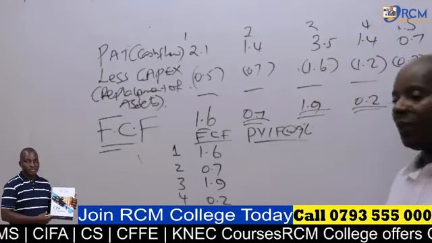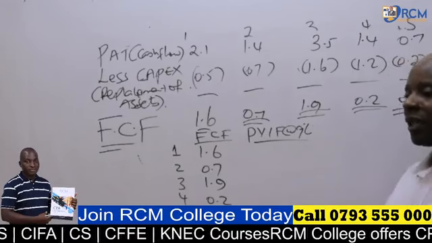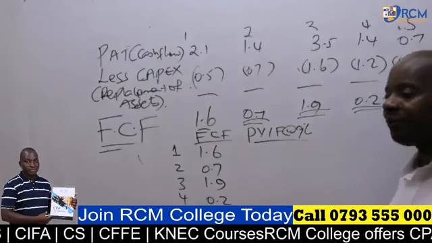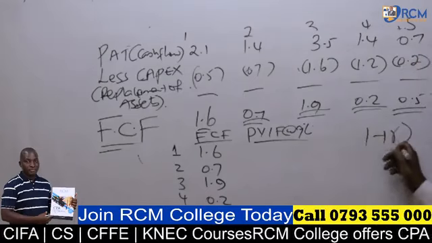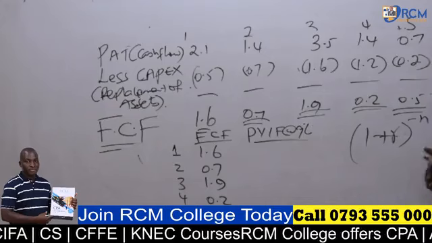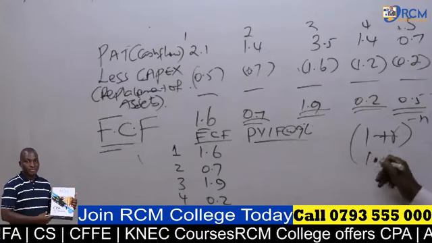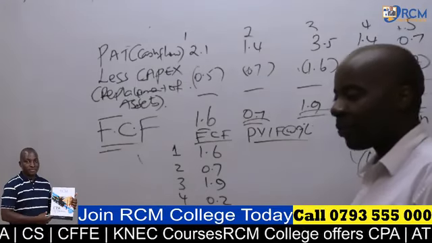Now at lightning speed, could you kindly give me these discounting factors? Remember, our formula for discounting is 1 plus R raised to negative n. So it will be 1.09 raised to negative 1. I can see somebody giving me 0.9174.